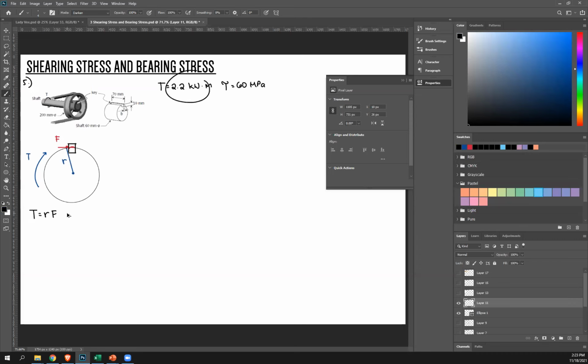From that drawing, we can conclude torque equals RF. Torque is given 2.2 kilonewton meter. And then R, again, the distance from the axis of rotation to the applied force, is just the radius of your shaft. The diameter of your shaft is 60, so that's just divided by 2, so it's 30 millimeters. This is kilonewton meter, so I have to convert that to millimeter.